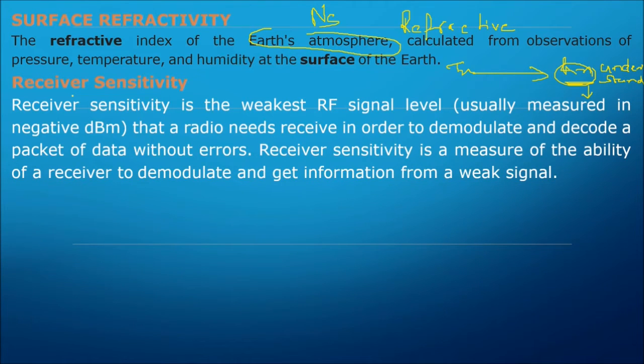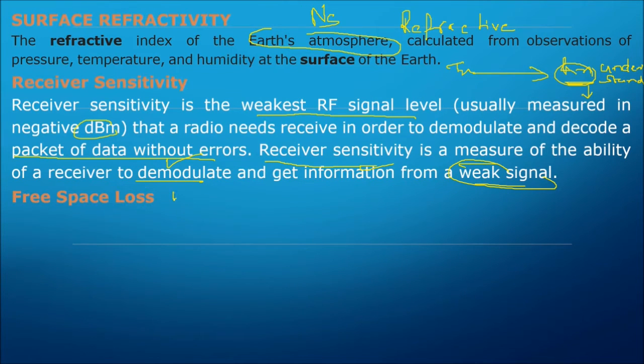Receiver sensitivity is the weakest RF signal level, usually measured in negative dBm, that our radio needs to receive in order to demodulate and decode a packet of data without errors. So receiver sensitivity is a measure of the ability of a receiver to demodulate and get information from a weak signal. You can also say receiver sensitivity is the measure of the threshold, so that the receiver may demodulate and get information from any weak signal.